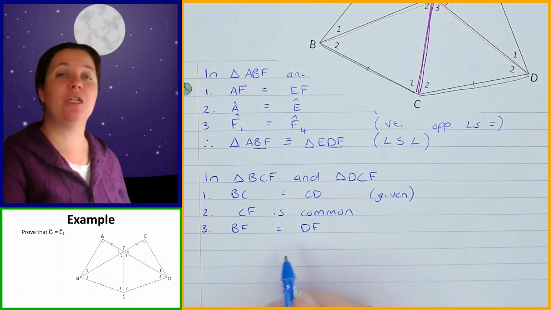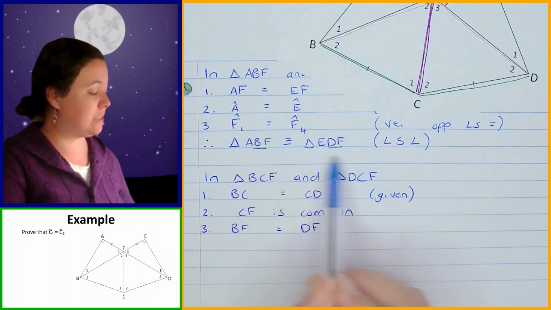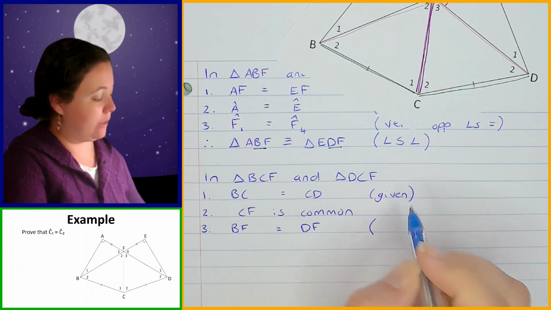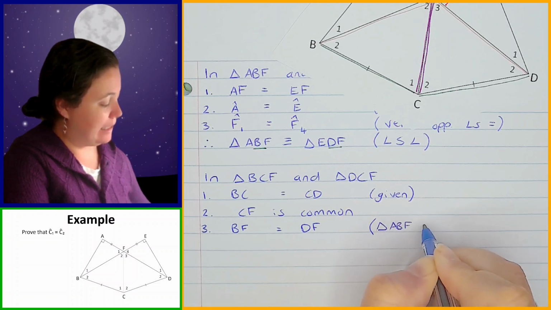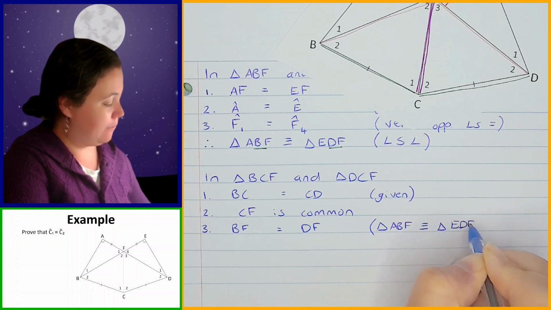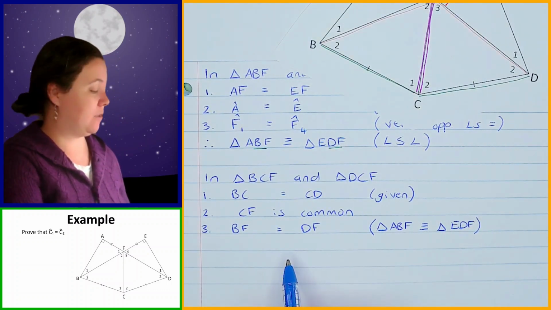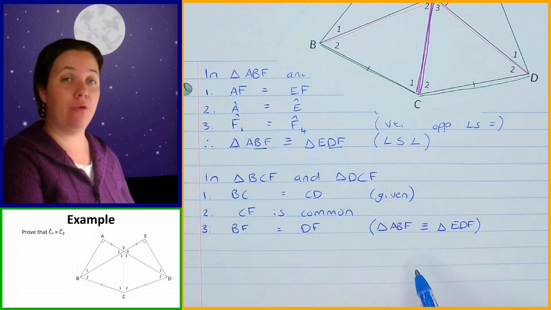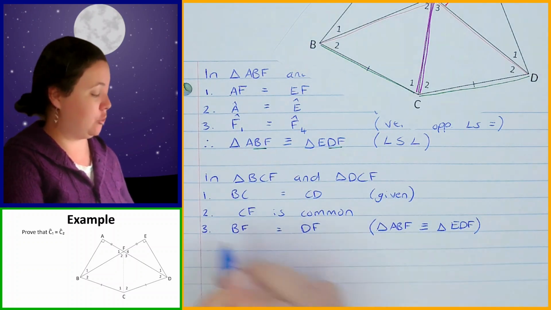and the reason that I know that those two sides are the same is because I just proved that these are congruent. So now I can say triangle ABF is congruent to triangle EDF as my reason for saying that these two are equal to each other. Okay, so once I've got my three statements with their reasons, here the reason is that they're common, now I can say that these two triangles are congruent.